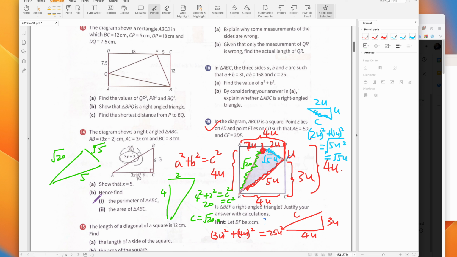5. Okay. So this is the c square. So 5 square equal to, so I need to see whether it's valid or not. Square root 20 square plus square root 5 square. So can you see whether it's valid or not? Left hand side equal. I ask you what is left hand side, and you're looking at it with your brain and with your eyes.